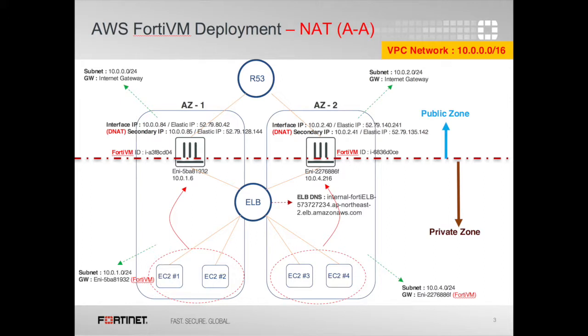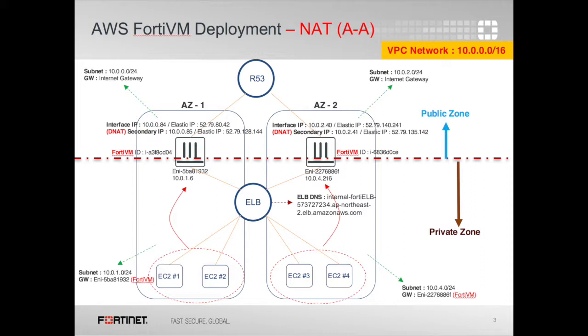As you see, there are two private subnets inside the FortiGates. Look at the subnet 10.0.1.0 in AZ1. This subnet is routed to FortiVM 1, having ID i-a3f8cd04. This means that traffic forwarded to this subnet will be returned only to the first FortiVM.